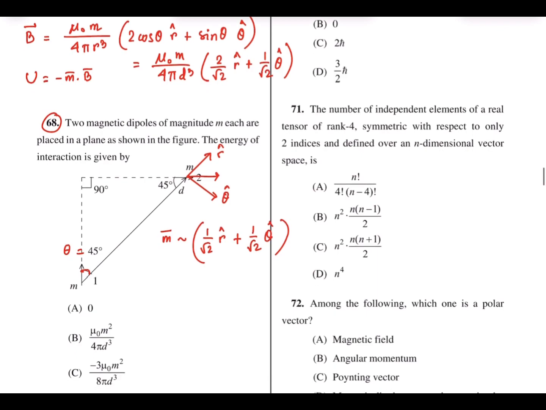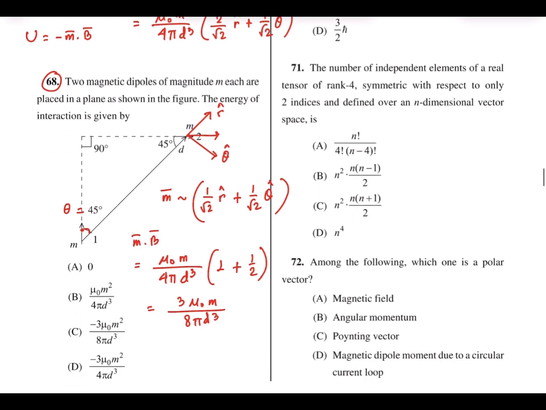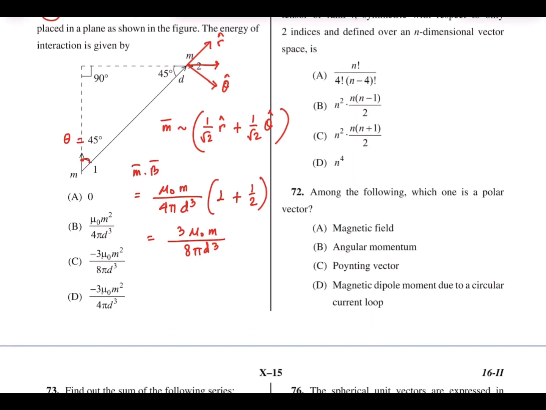Let us now take the dot product m dot B, which is equal to mu naught m by 4 pi d cubed times (1 plus 1 by 2). So this is mu naught m by 8 pi d cubed. The interaction energy would be minus of this. So option C is the correct answer.